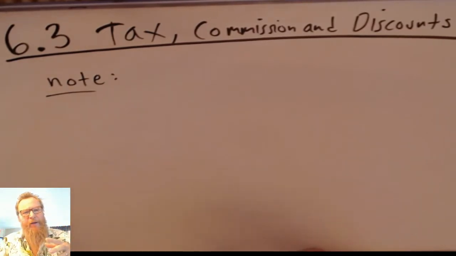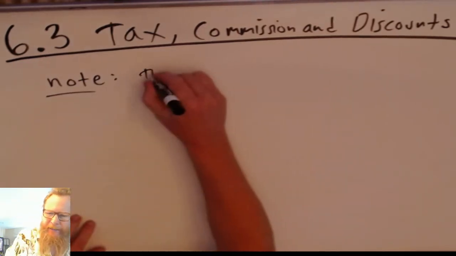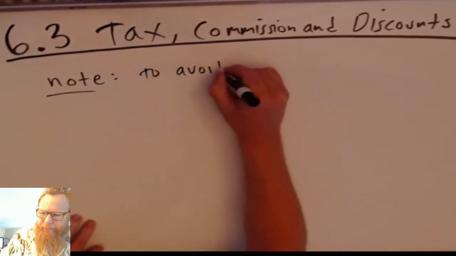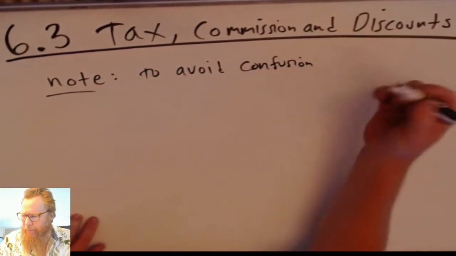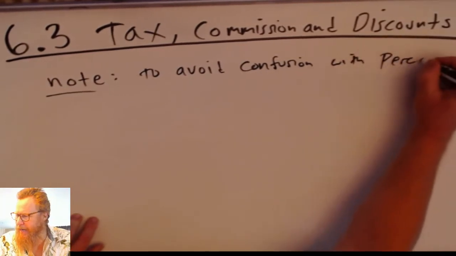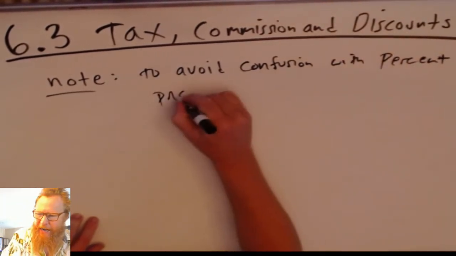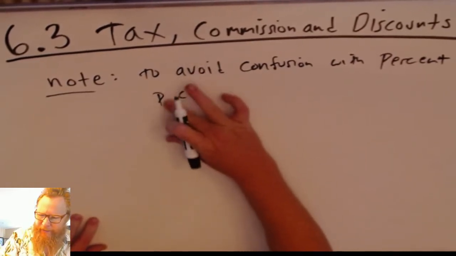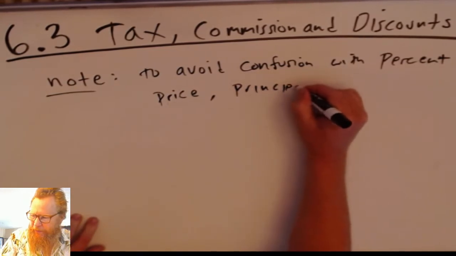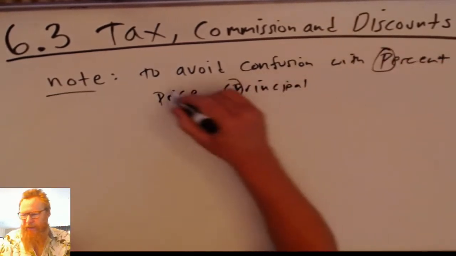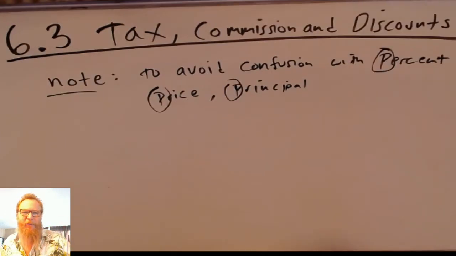We're going to have values in this lecture that involve things like price, and in the next section, principal, things that start with the letter P. To avoid confusion with things like percent and price, we don't want there to be any confusion.